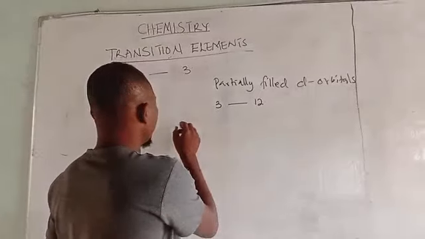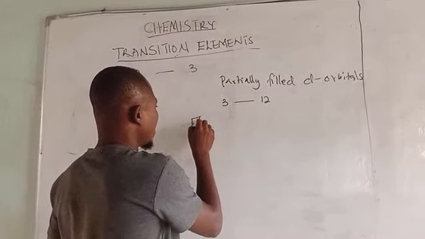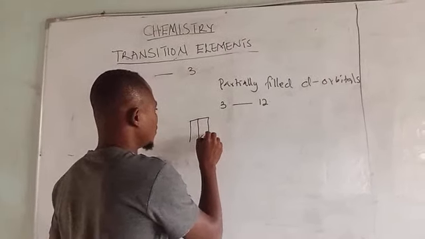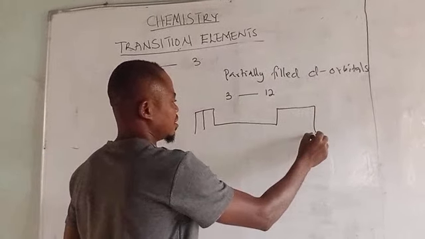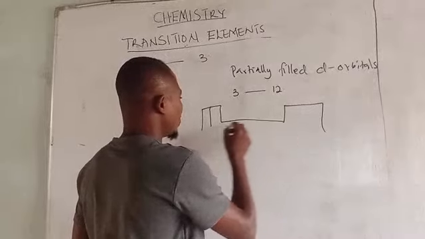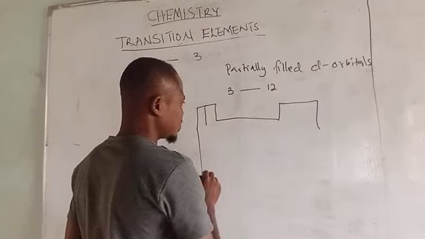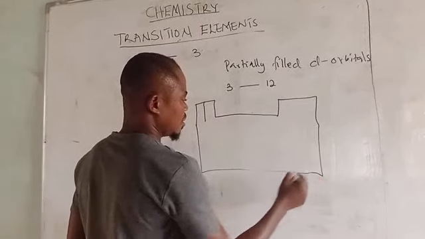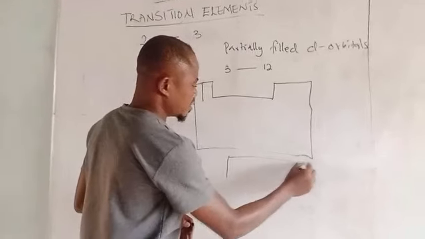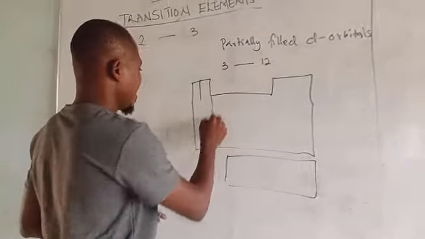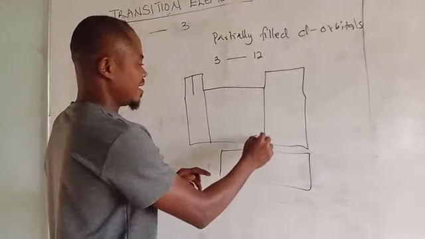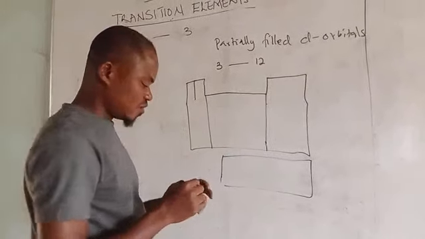Now when you draw your periodic table, you have your group 1 here, group 2, then between group 2 and 3, like this. So between here, this is the structure of the periodic table. Between here and here is what we're talking about.